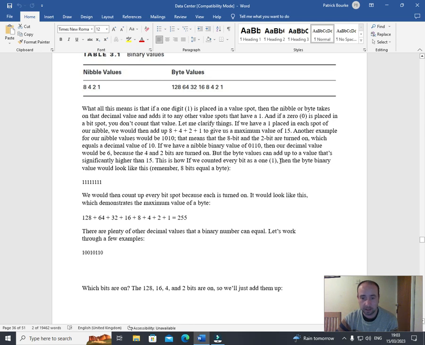But the byte values can add up to a value that's significantly higher than 15. This is how, if we counted every bit as a 1, then the byte binary value would look like this. Remember, 8 bits equal a byte.